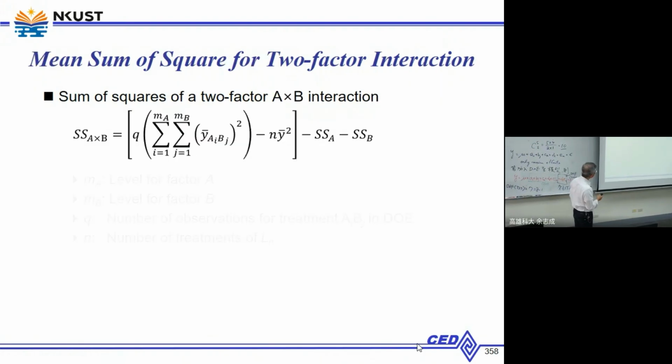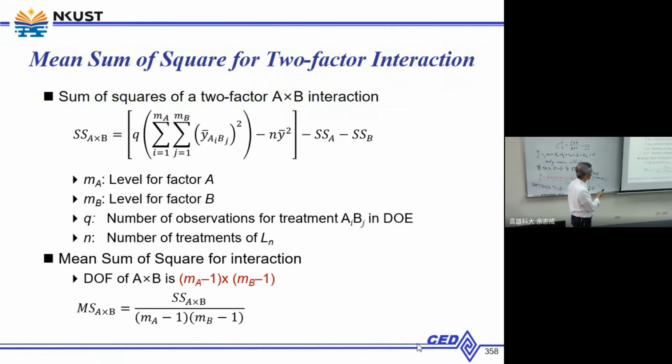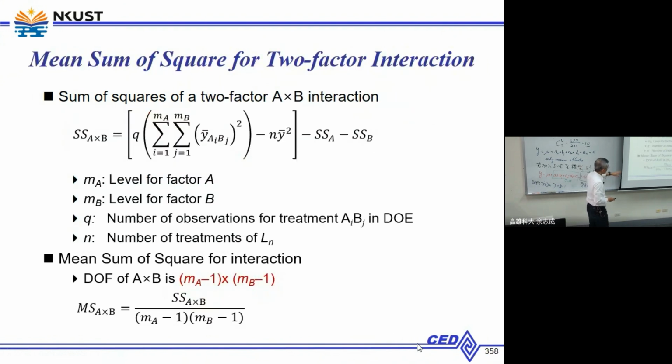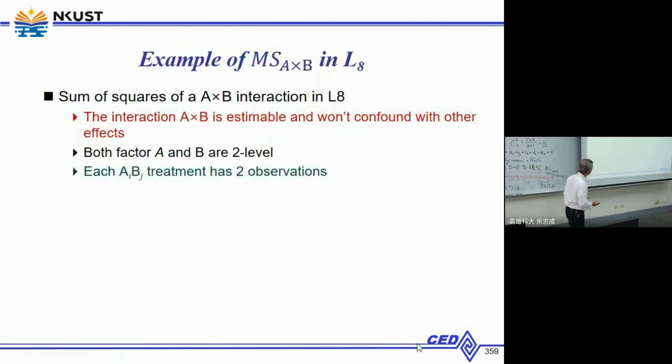So this is a summary for the sum square due to interaction A, B. If it is due to some other interaction, in our case DE, you need to change it to DE. And here, the mean sum square is the sum square of this interaction divided by the degree of freedom. The degree of freedom for AB is the level minus 1 multiplied by the level minus 1.